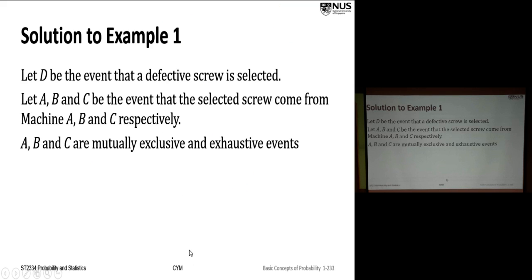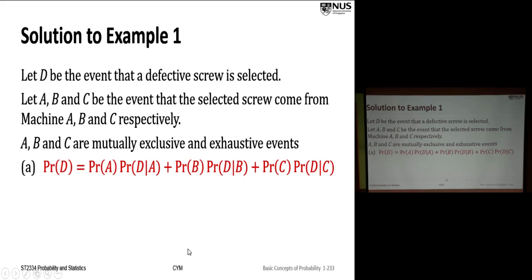All right, you can think of it this way. Although it helps, don't rely too much on it. Sometimes the situation is so complicated, you can use this tree diagram to represent it. You start, there are three possible machines.